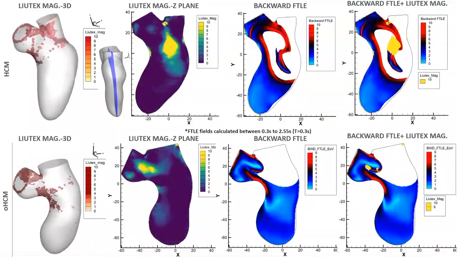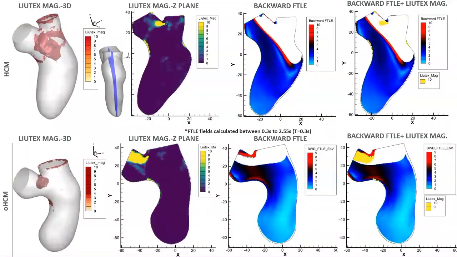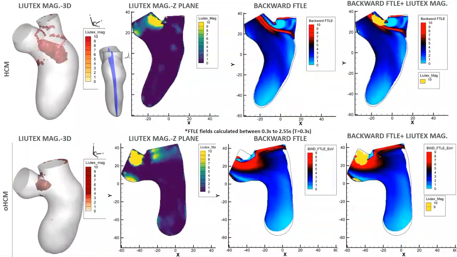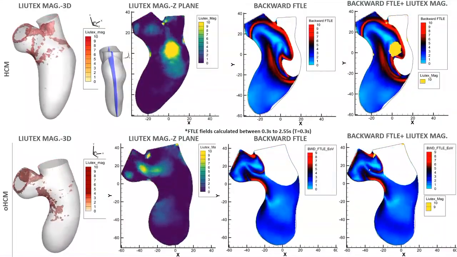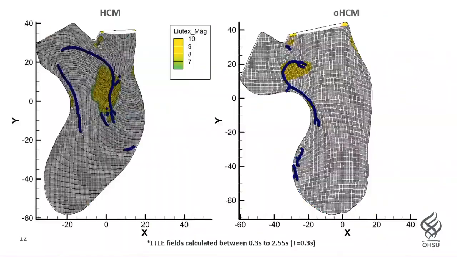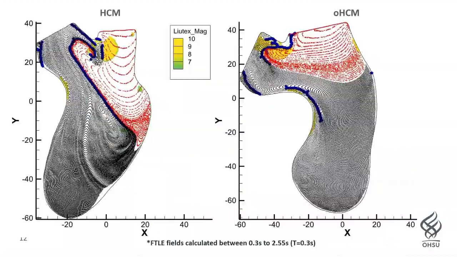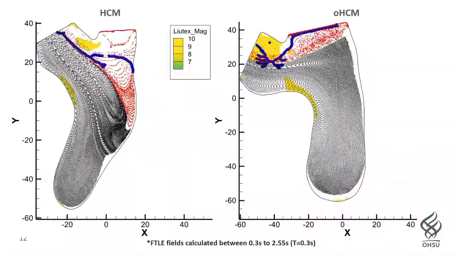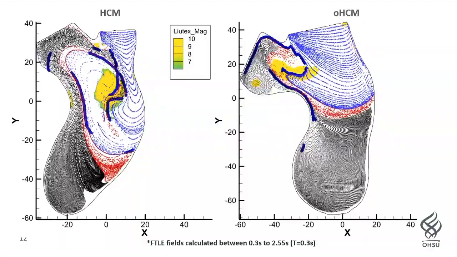And if there's any high backward FTLE line drawn until here, that means the vortex is generated from here and then moves up to that point only. You can also see here. And that one combines all the power of the particle analysis, the Liutex magnitude, and the maximum FTLE line.